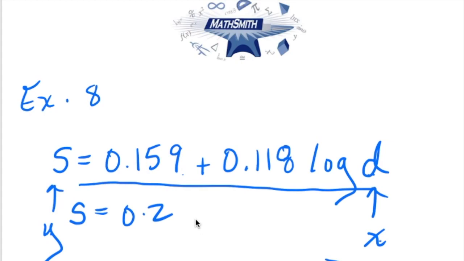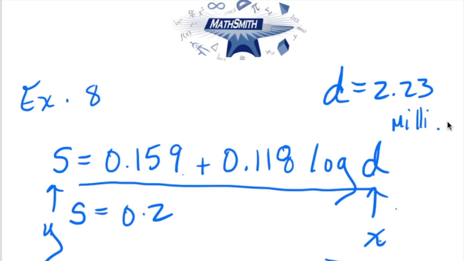So second calc, intersect, first curve, second curve, guess, and you should find exactly what the answer is in the book, where D, which is x, equals 2.225. So they said 2.23. And that's millimeters of the sand particles. All right, that is it.